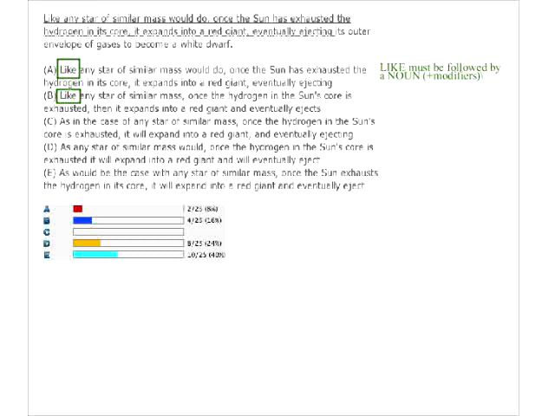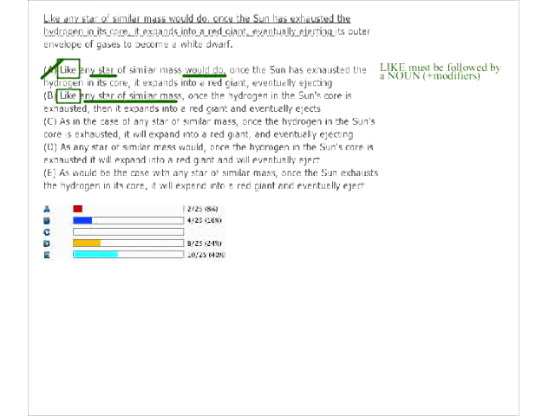So the problem is that any star of similar mass would do is not a noun. That's a clause. That's a subject and a verb. So this is not okay. Any star of similar mass is fine. So that's not an issue.